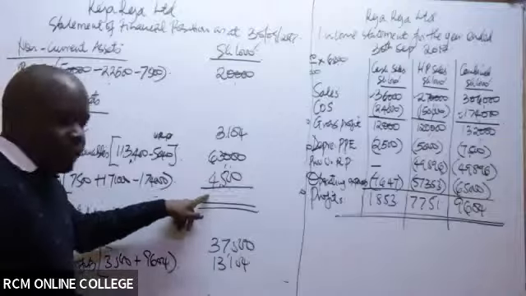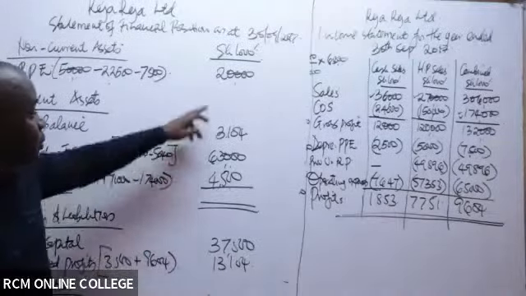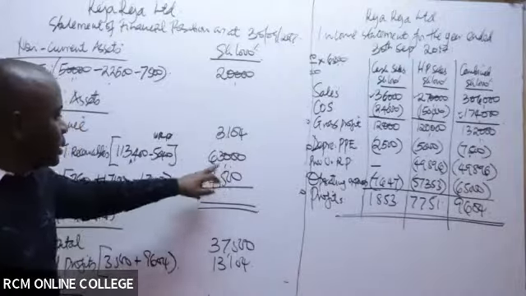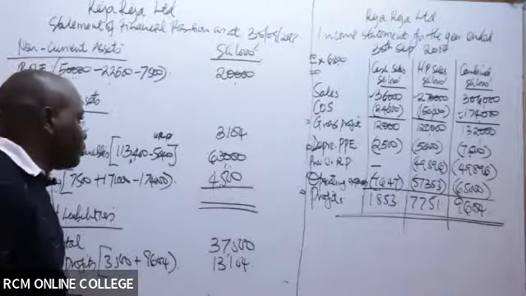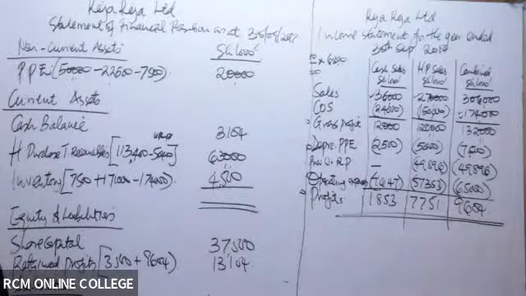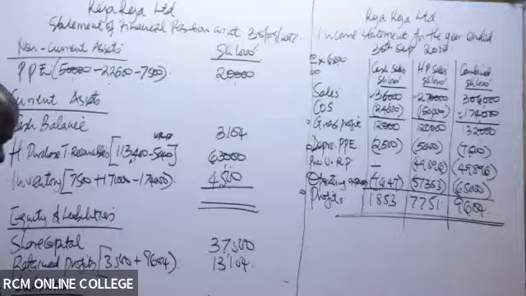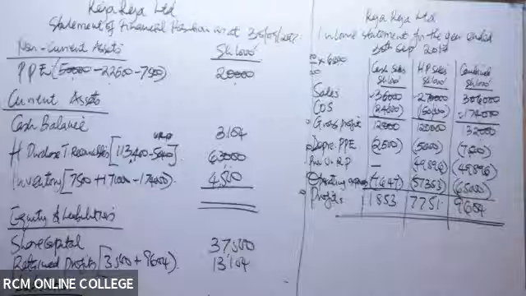So what are you getting when you sum? 20,000, 3,104, 63,000, 4,500.